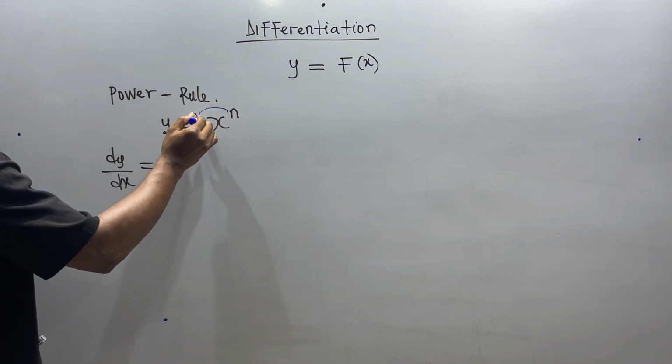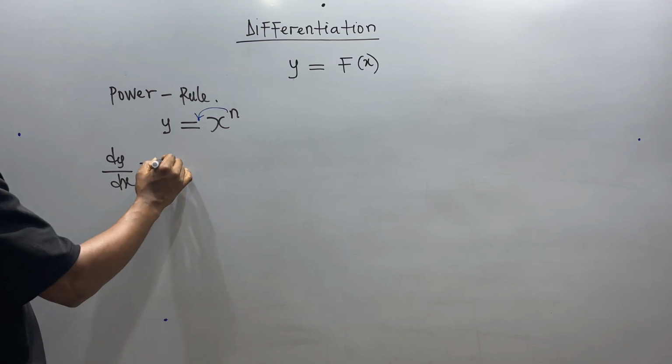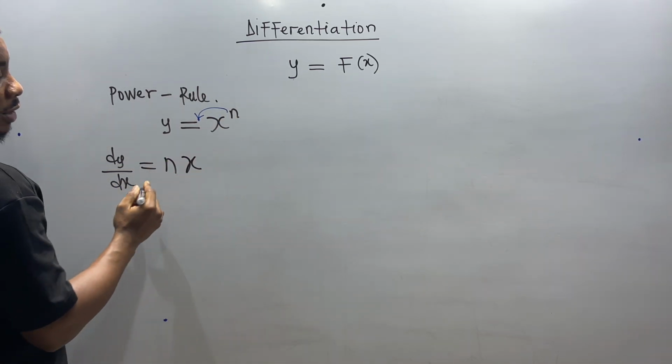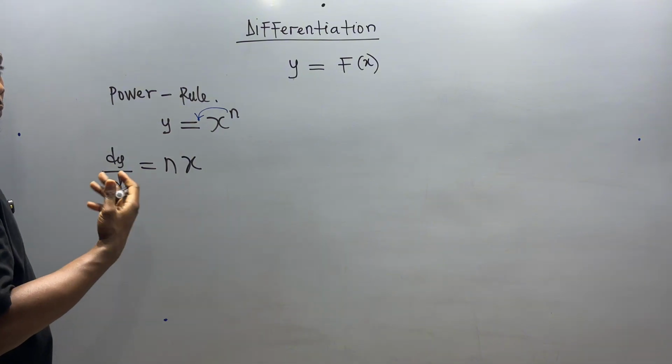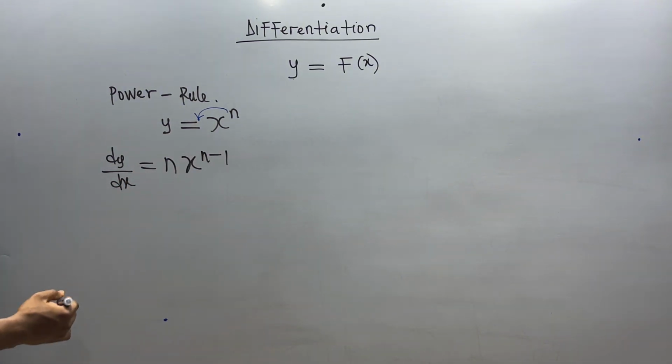The power comes down in front, so we have n. Then write x again, and subtract 1 from the power. It becomes n minus 1. This is the power rule.